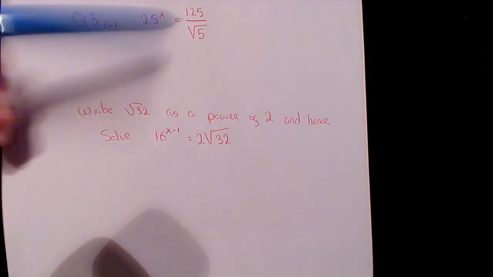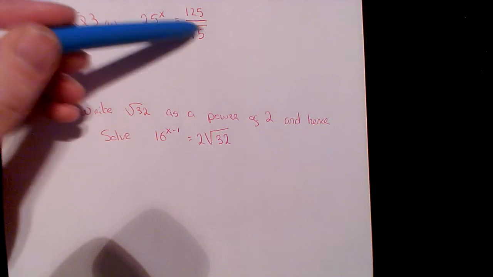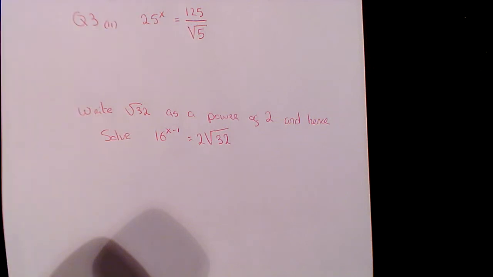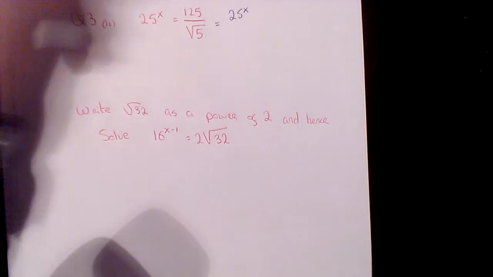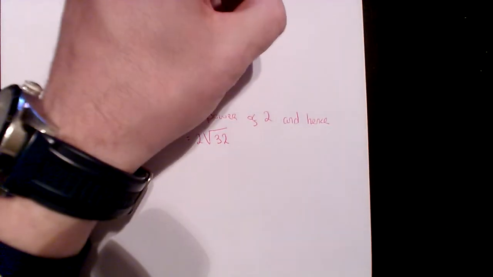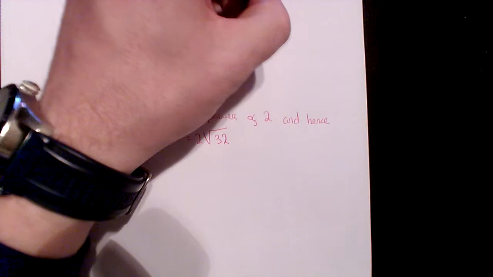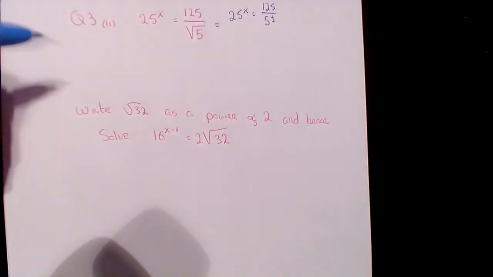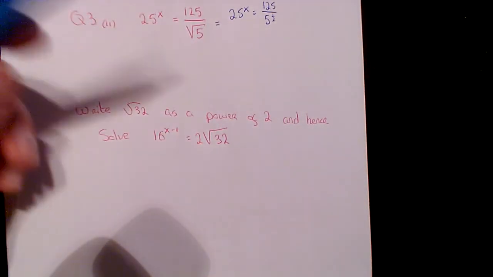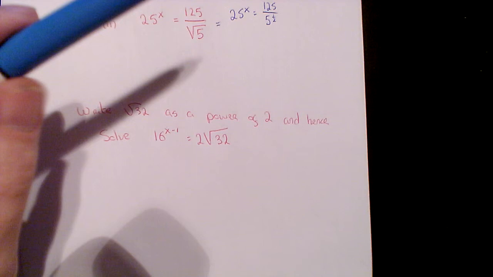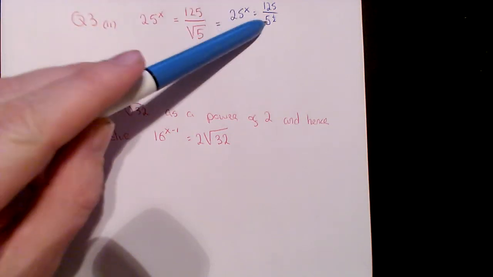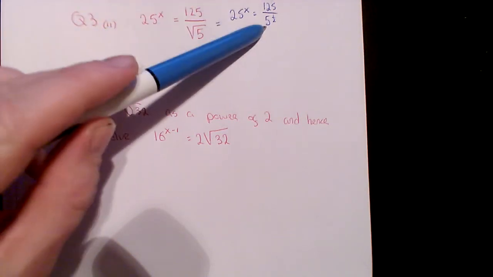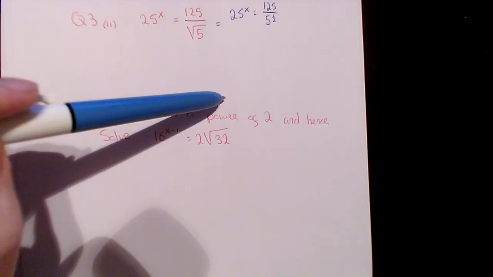But straight away I know that if I could get this a bit simplified, it might be a starting point. So we've 25 to the power of x equals 125 over 5 to the power of a half.